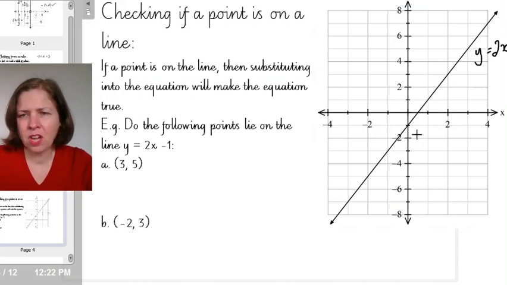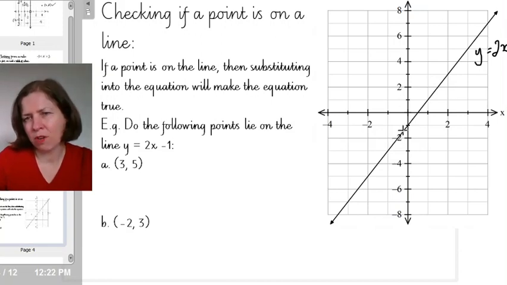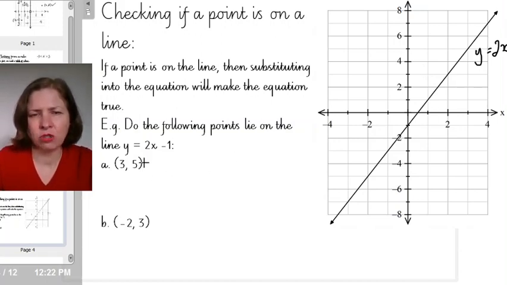Now, I've got the line drawn there so I can show you what I mean by on the line. But normally when you get this question, you won't have a graph. You'll just have the equation and the points. So we're using this just for explaining today. So first of all, let's have a look at these 2 points. 3, 5, where does that sit? I go across from the origin to positive 3 and then up to positive 5.